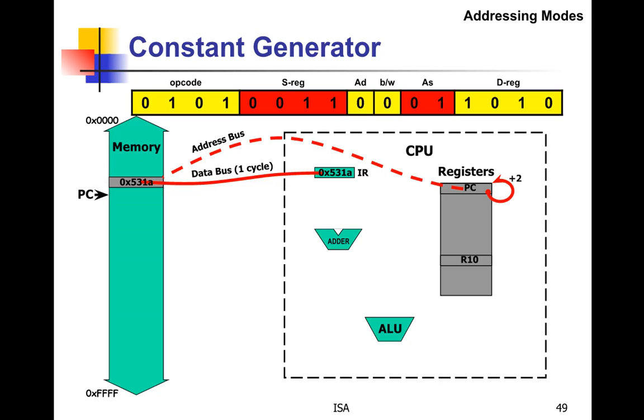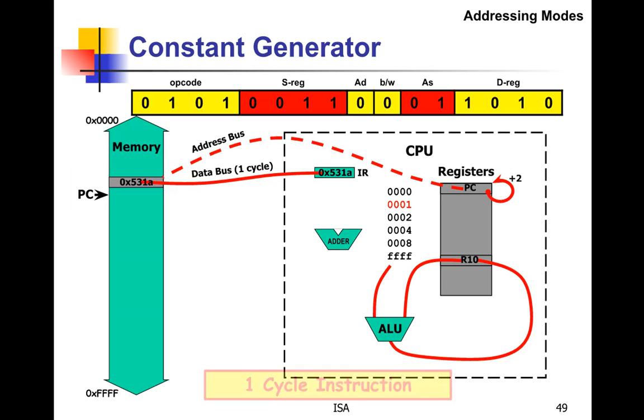Then we grab that special constant 1 from one of those registers and put it in the ALU. And then we grab the contents of register 10 and put it in the ALU, and the result goes back into register 10, and that only took us one instruction cycle. Because that was a special number 1, it only took one instruction, and it took one cycle. So, one word in one cycle. That was very nice, really quick.